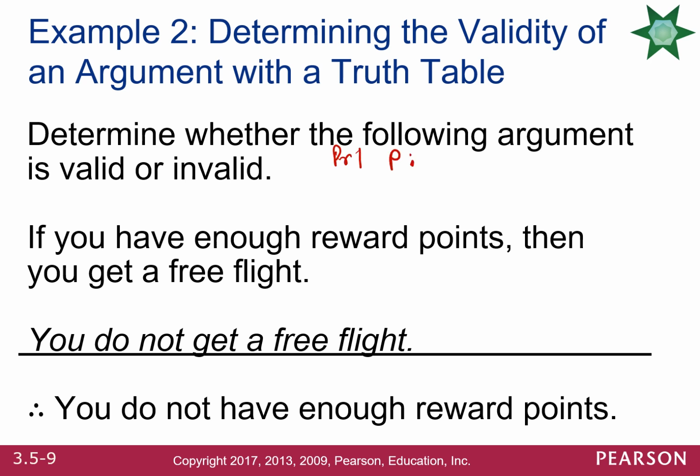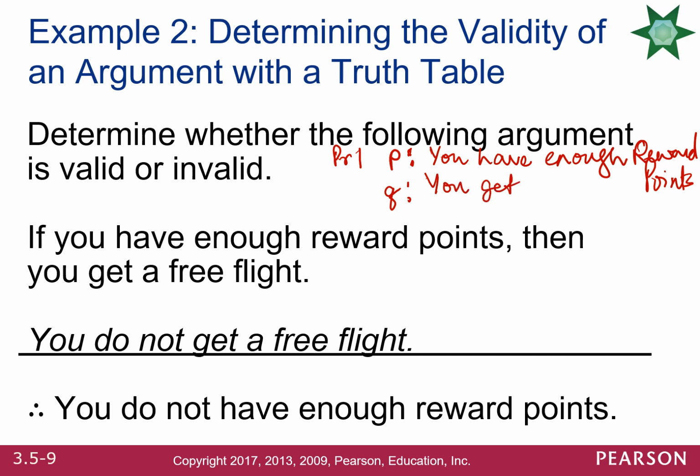P is the first part of the if condition: you have enough reward points. And then Q will state: you get a free flight. And then from there we have the conclusion, you do not have enough reward points.